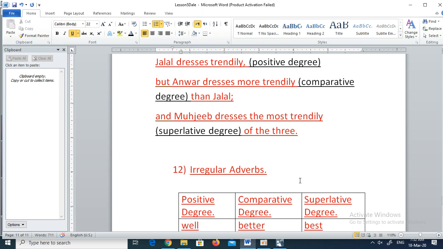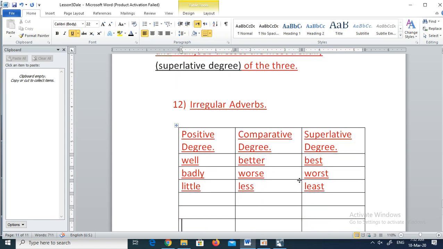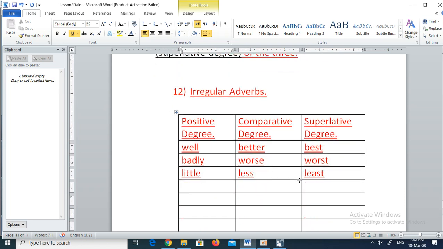Now, there are certain irregular adverbs too. So the adverb well in the positive degree becomes better in the comparative degree and best in the superlative degree.